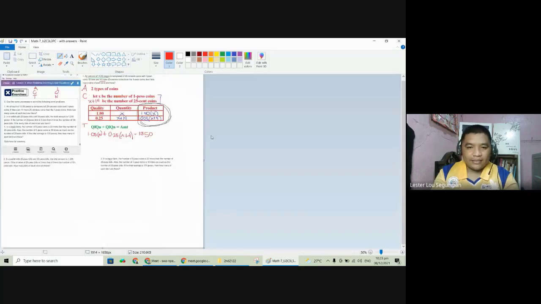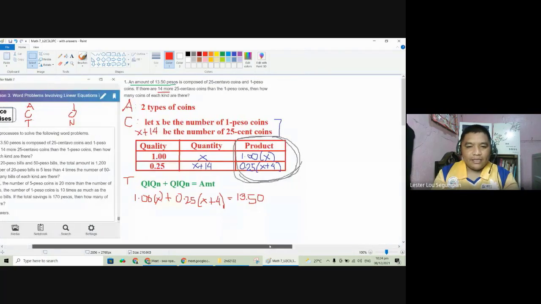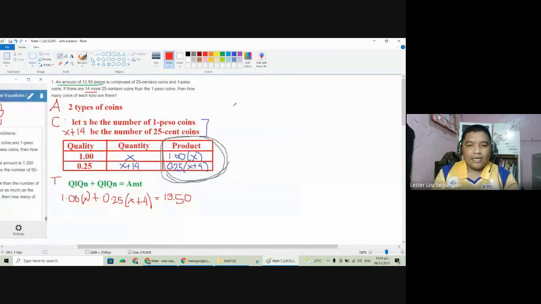Let me increase the space here and also some spaces at the bottom, and move this a little further so that I could have space. So let me continue. The next step is I, which stands for implement, meaning solve this.